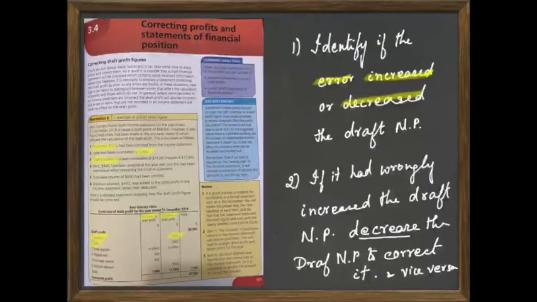That is 36,000. So 36,000 should be shown as rent. But let's assume I paid 3,000 extra. That is, on 31st of December, I paid 3,000 for January 2020. Okay.